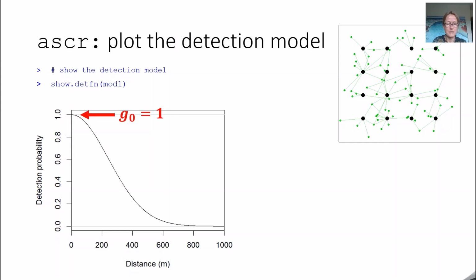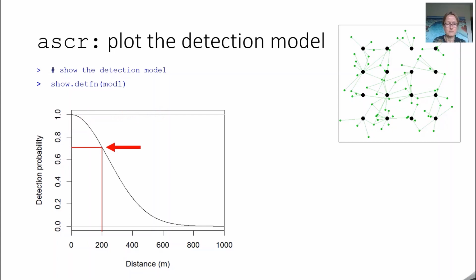For example, at 0 distance, the line is at 1, which tells me that the model estimated that I had perfect detection at 0 distance. This means if an animal was right next to the detector, there's no way the detector would have missed it. I can also read off the value for 200 meters.